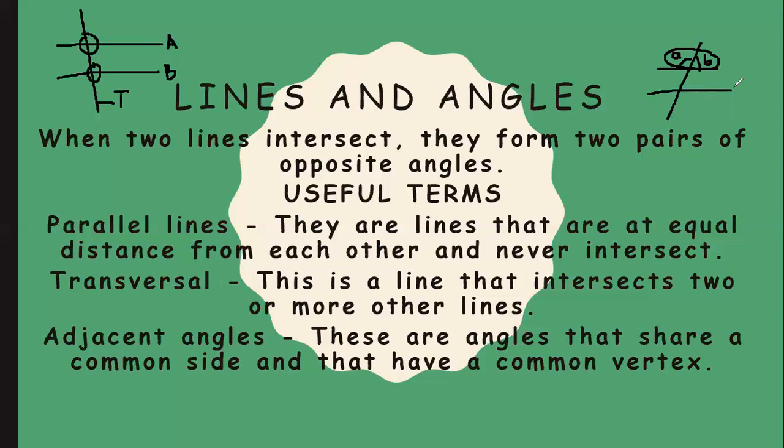Is that clear? So adjacent angles are angles that lie side by side on each other. And I want you to understand that another word for adjacent angles is angles on a straight line. Because these two angles lie on the same straight line, they are called angles on a straight line.